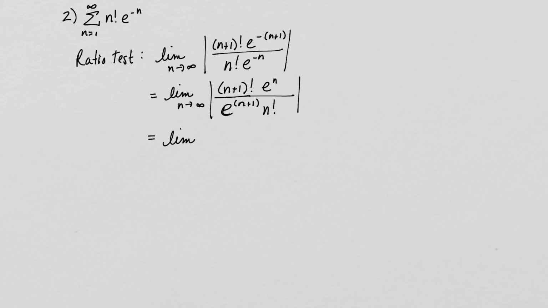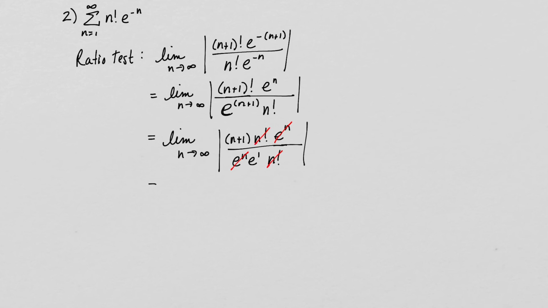So I could do a little bit more algebra as well. Since I have an n factorial in the bottom, I want to think about breaking up the n plus 1 factorial. It's going to be n plus 1 times n factorial, e to the n, all over e to the n plus 1, which is going to be e to the n, e to the first. And so now I have a bunch of stuff that's going to cancel. My e to the n's cancel, and the n factorials cancel.